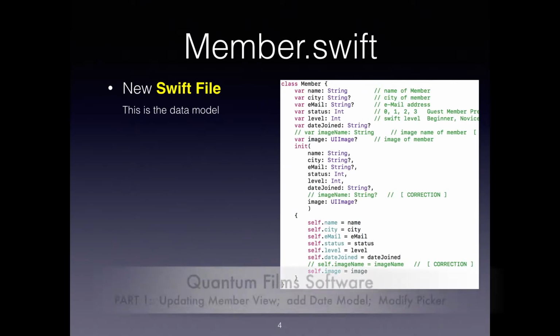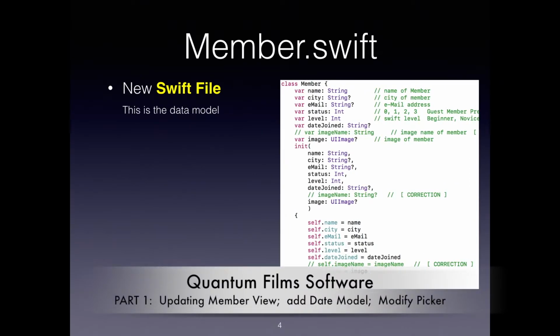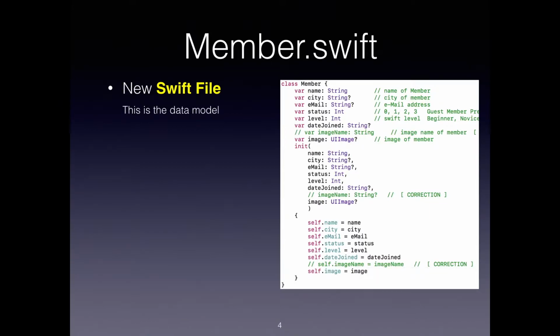Okay. So the first thing we'll do is we have added a file called MemberSwift, and generally speaking, model view controller is the architecture of a lot of applications. You probably have heard that. View is what you see.